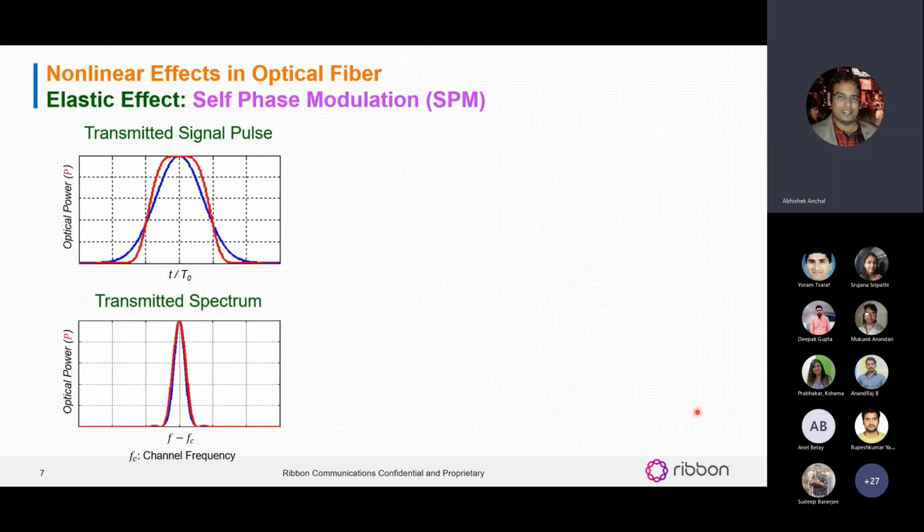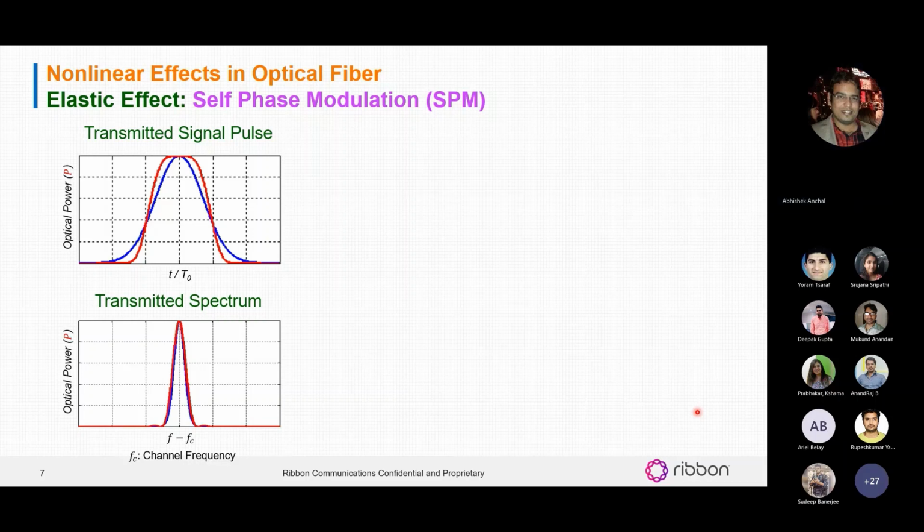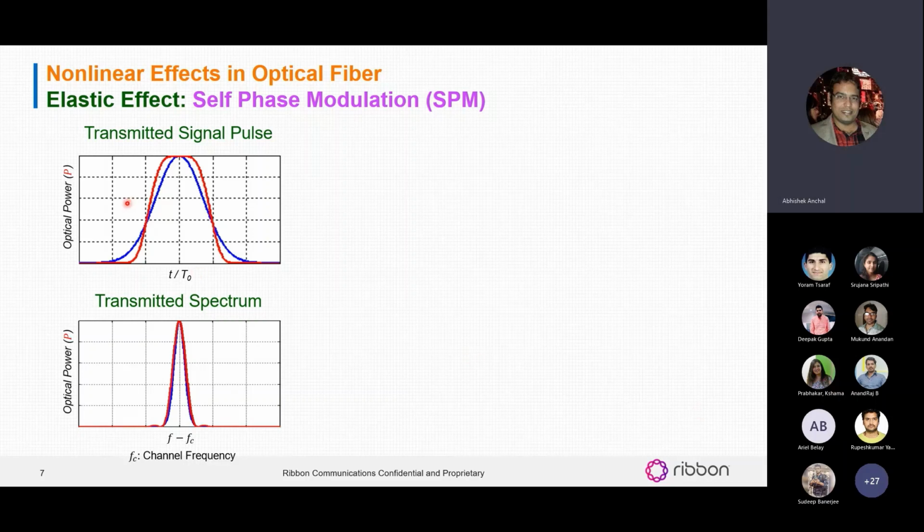So let's start again with self-phase modulation and try to understand how it occurs because of this nonlinear refractive index change. Let's say we transmit a signal pulse. This is what we do in our system. In a spectrum it looks something like this, but in the time domain it looks like this. When we transmit this kind of pulses, there are two different pulses here.